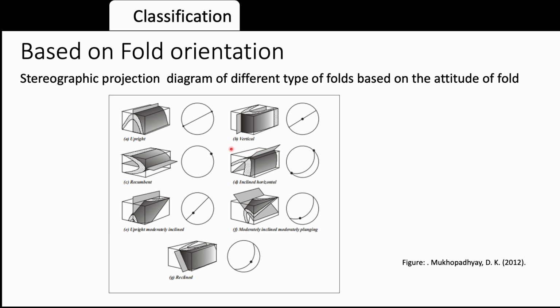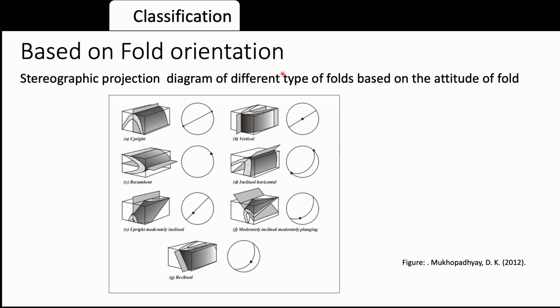Here we have the upright fold, where the axial plane is vertical and the hinge line is horizontal. If we plot the upright fold on the stereographic projection, we can see a great circle representing the vertical axial plane as a straight line passing through the center, and the fold axis is plotted at a point lying at the horizontal.